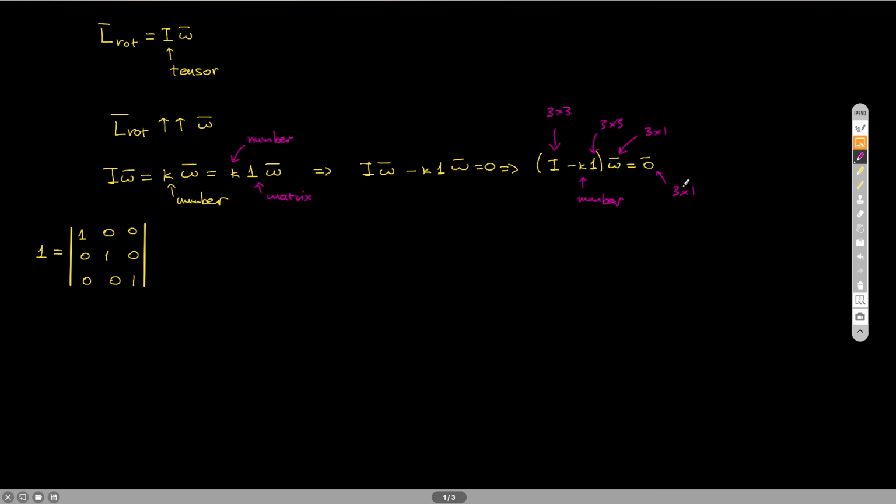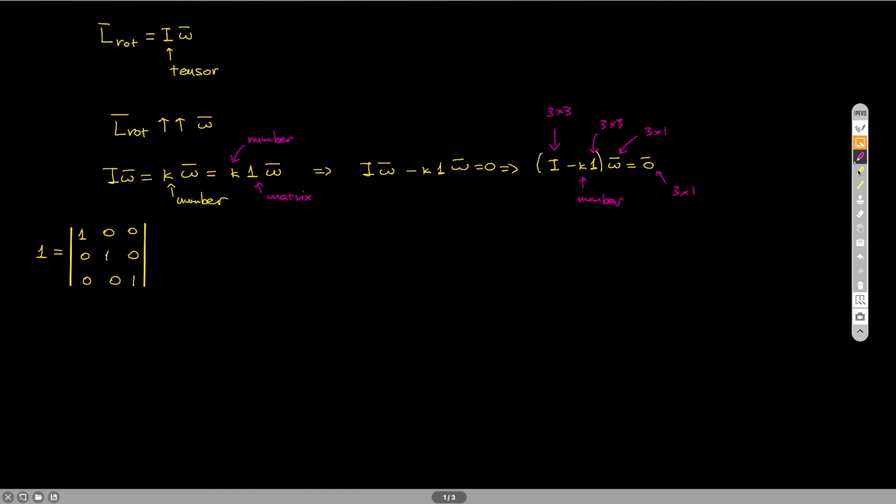All right. Now, why am I doing this? This equation, which is really 3 equations since I have three rows, x, y, z, allows me to find the principal axis.